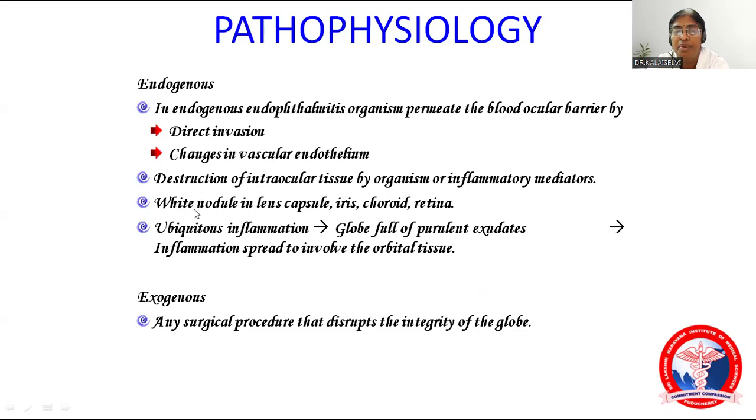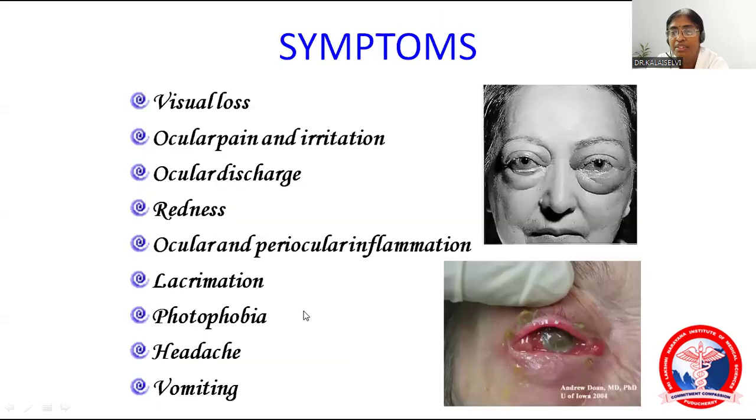There happen to be white nodules in the lens capsule, iris, choroid, and retina. There is inflammation, and the entire globe is full of purulent exudates. Inflammation spreads to involve the orbital tissue. Then there happens to be a panophthalmitis. Any surgical procedure that disrupts the integrity of the globe is one by which the exogenous infective organism can enter the eye.